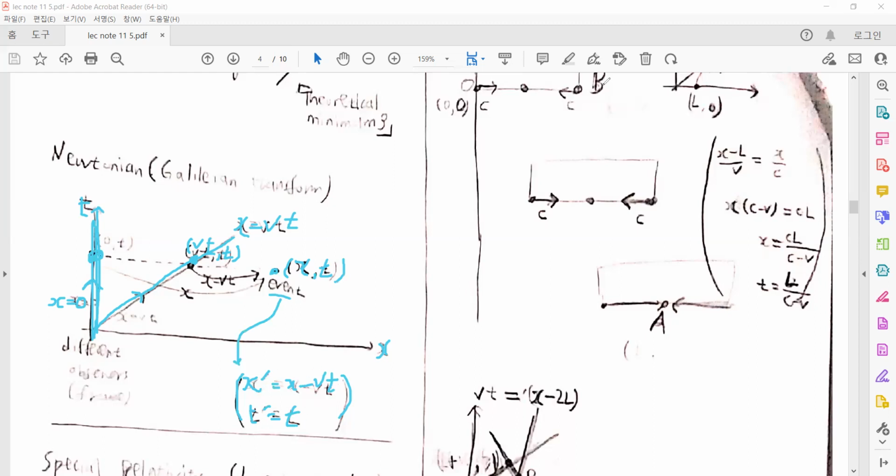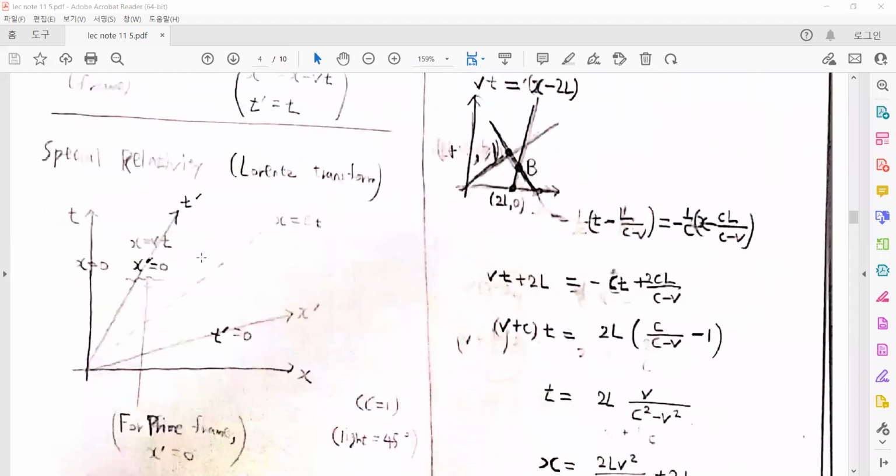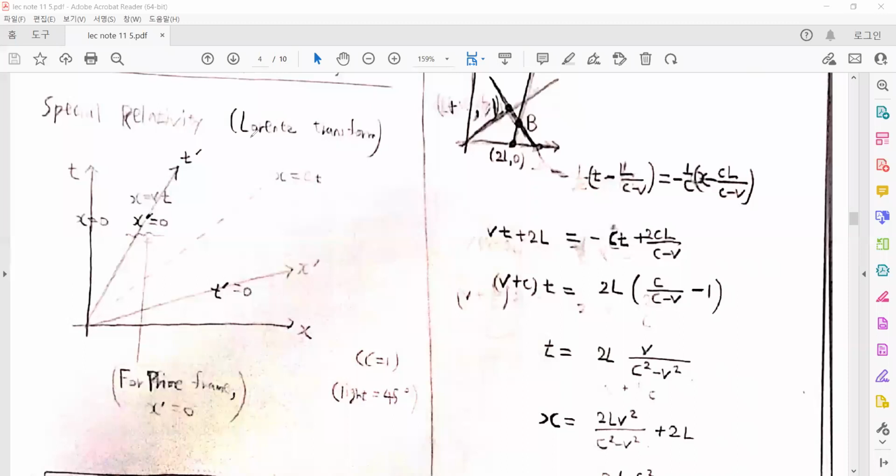But in special relativity theory, there are very different behaviors because of the Lorentz transformations. The Lorentz transformations come from the covariance for electromagnetism.